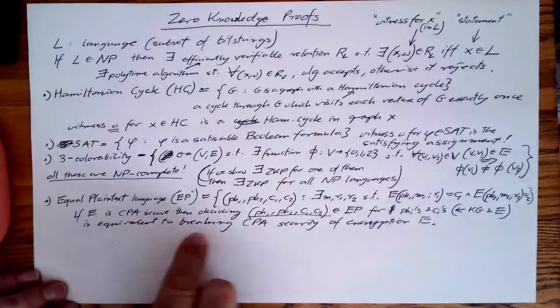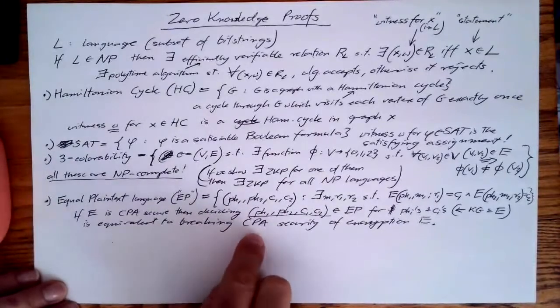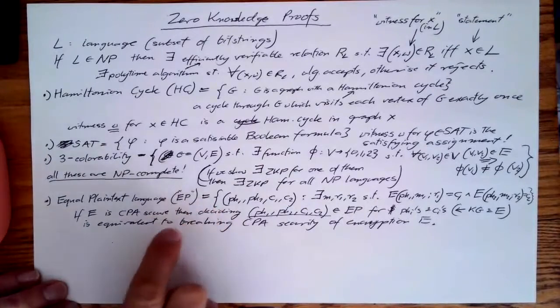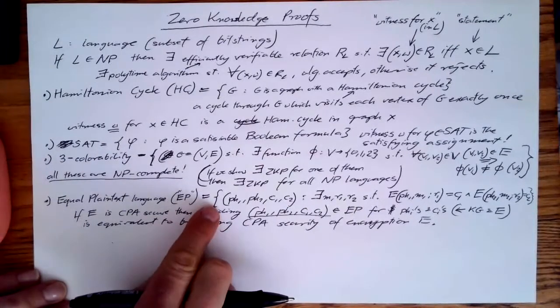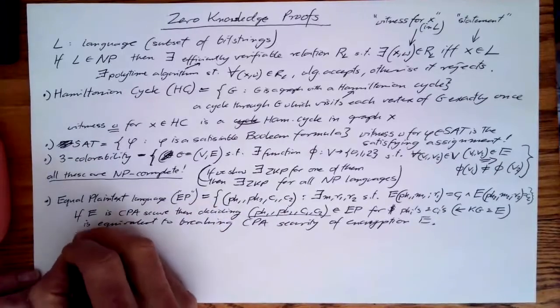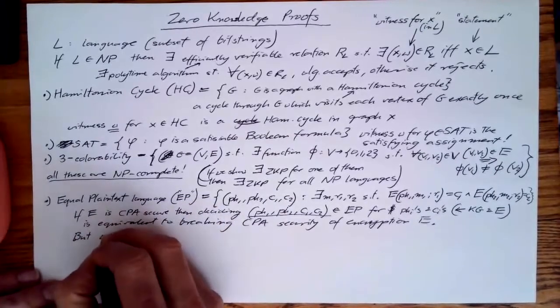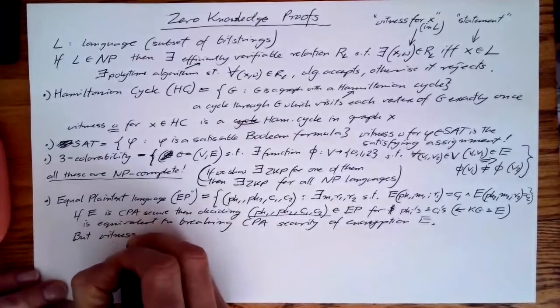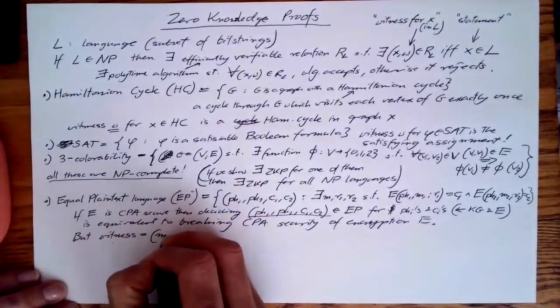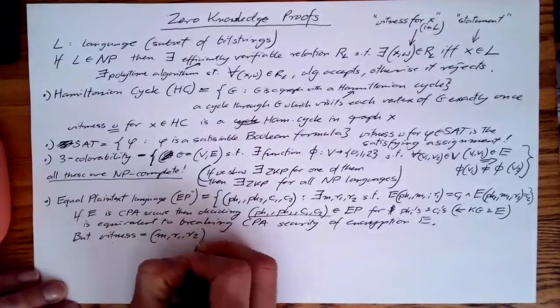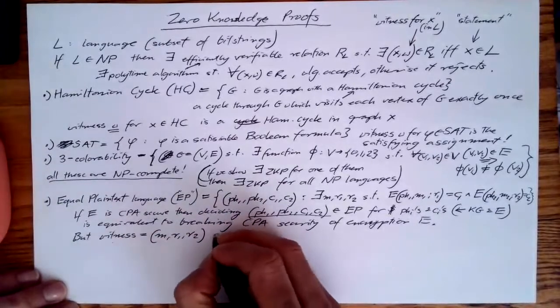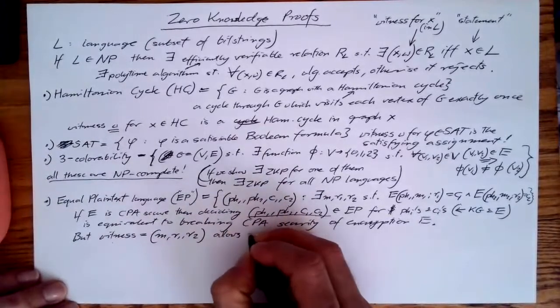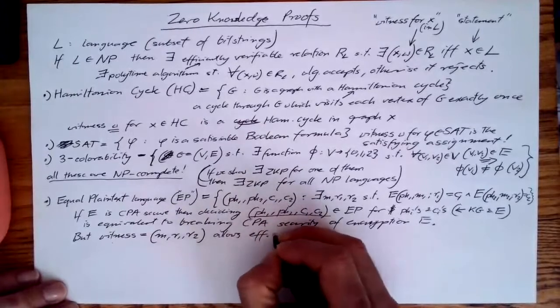So therefore, if an encryption is chosen plaintext secure, this language has no polynomial time algorithm, but the witness, which is equal to the message and two randomnesses, allows efficient verification.